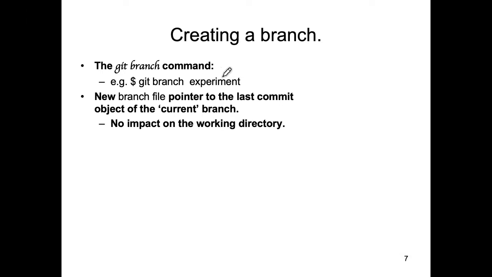The content of the new branch file will have the exact same commit hash value as the branch that you're currently on. So let's assume we're currently on the master branch, and the master branch is pointing at a particular commit object. When you submit this command, this new branch now is pointing at the exact same commit object.